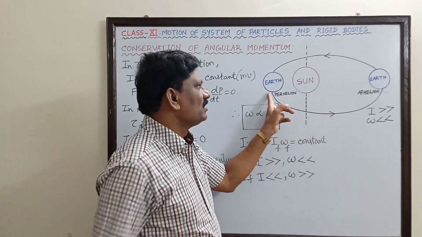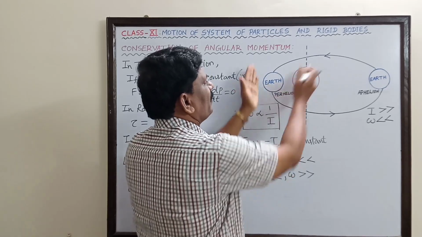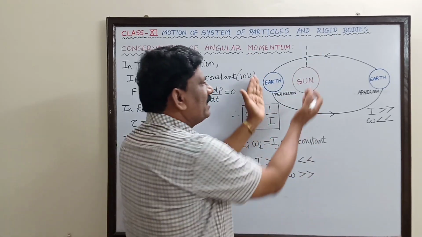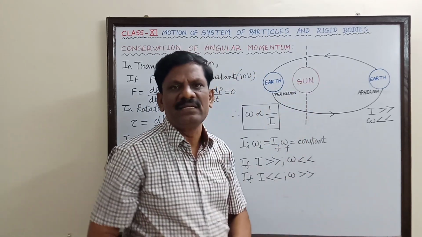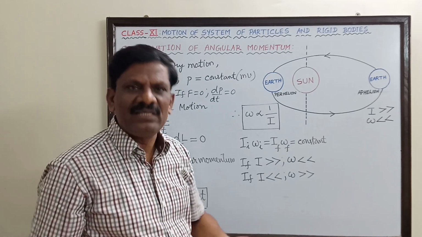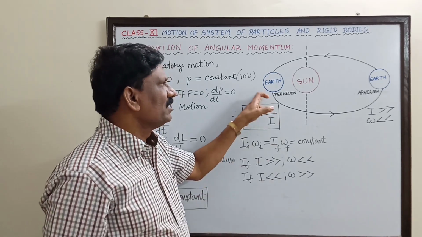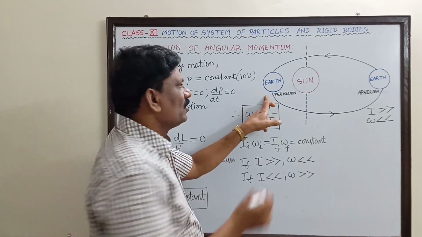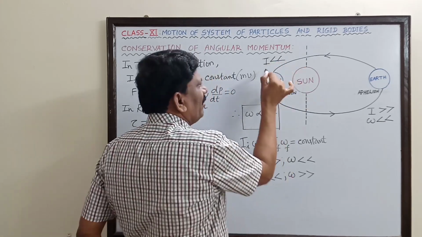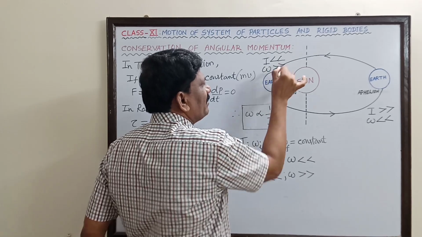At the other position, in the same two particle system, the mass of the sun and the earth together will be the same at any position. But the distance of separation between the earth and the sun is very less. So the moment of inertia decreases. At this position, the moment of inertia will be minimum, so I is minimum. Therefore, the speed of rotation will be maximum.